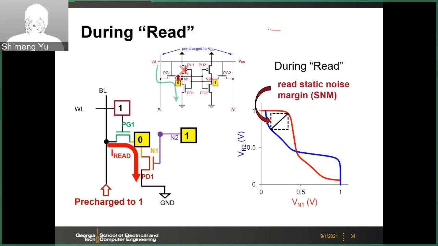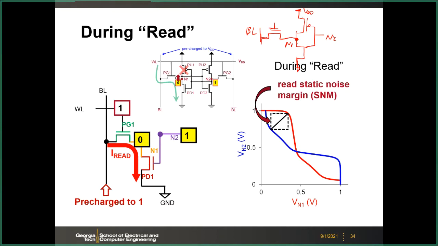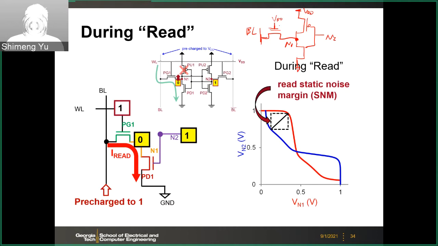Let's draw it this way. For example, this is your N1 node, and this is your N2 node. This is your BL. So you need to consider the 3 transistors like this to get one curve. Here, for those 3 transistors, you see the bias: this is turned on for the read line.